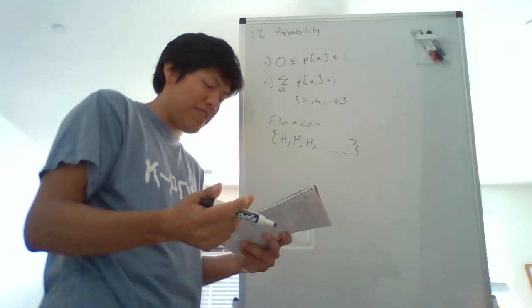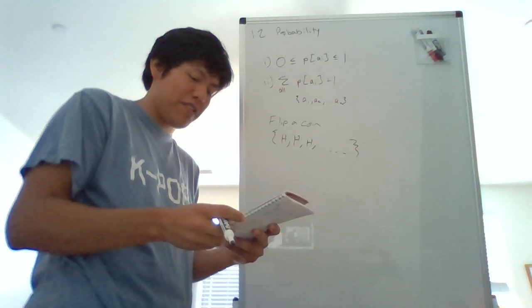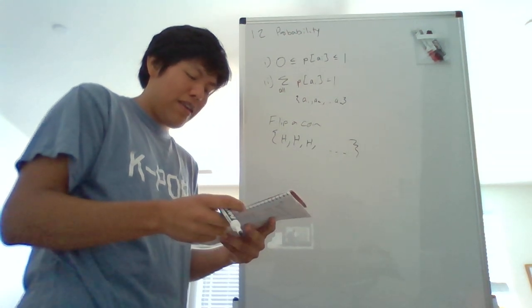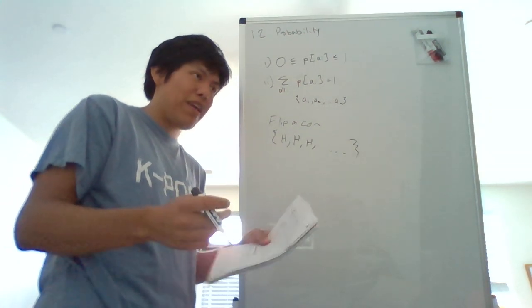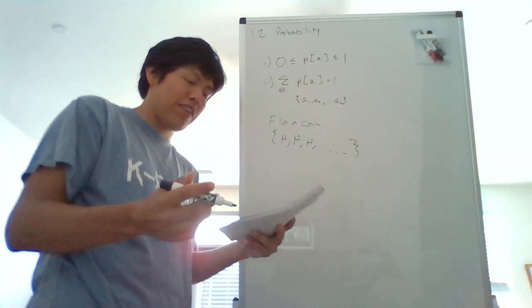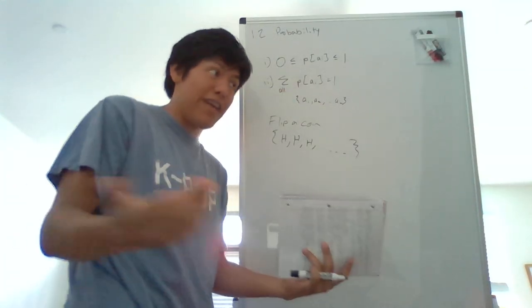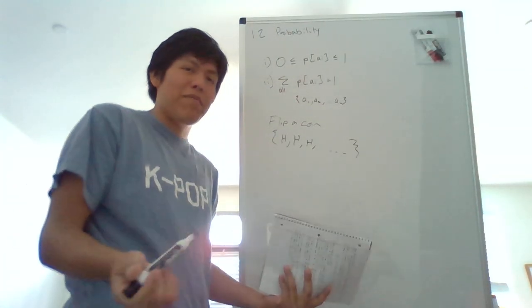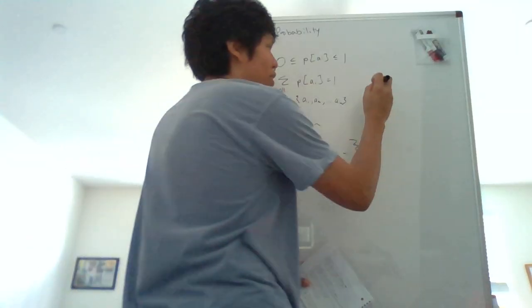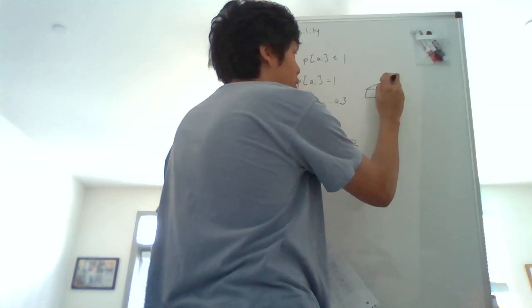So the next thing is uniform probability function. That just means that every sample point has the same probability of occurring. Again, take a die. What's the probability that you land on a 1?